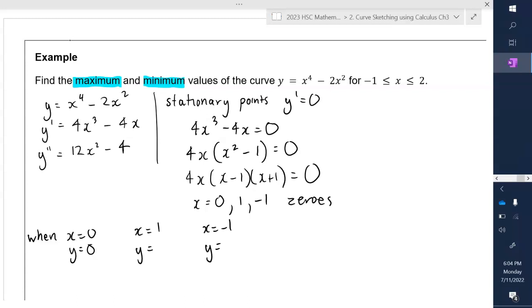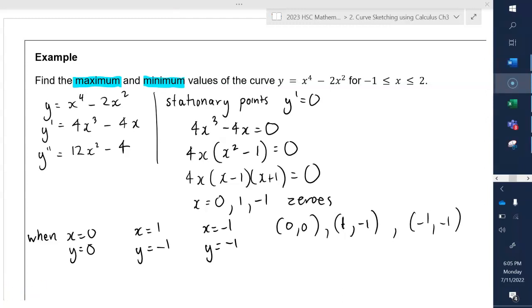It's going to be 1 minus 2, which is minus 1. And when x is minus 1, we're going to have 1 minus 2 again, which is minus 1. Okay, so we've got 0, 0 as a stationary point. We have 1, minus 1. And we also have minus 1, minus 1 as a stationary point.